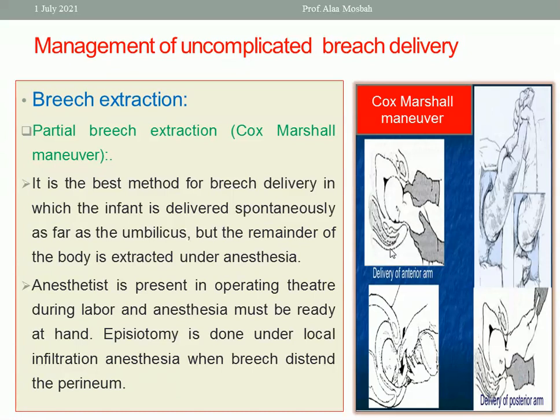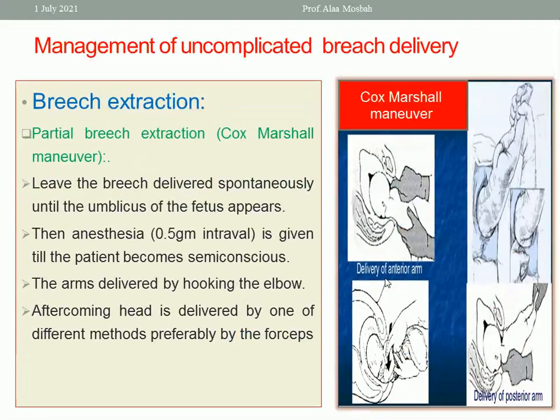Episiotomy is done under local infiltration anesthesia when the breech distends the perineum, when indicated. So episiotomy, as recently reported in guidelines, is done when indicated and not routinely. Leave the breech to deliver spontaneously until the umbilicus of the fetus appears.